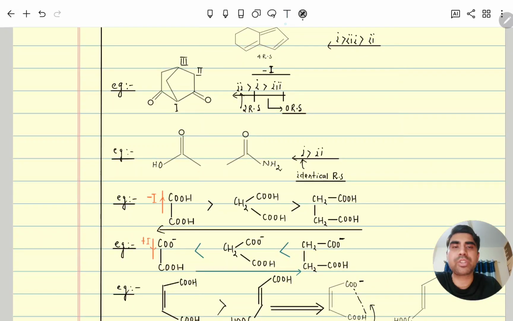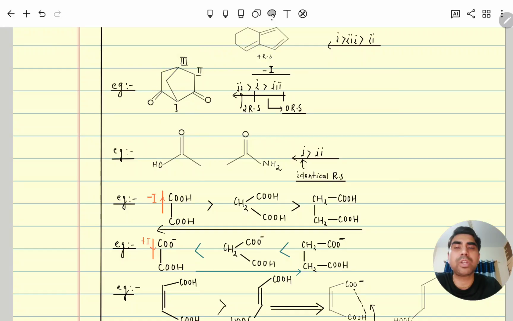Again here you can see positions 1, 2, 3. For the conjugate base, negative, you know that this is the bridgehead. The bridgehead is non-planar, so resonance will not happen. Negative, single, double: here 0 resonating structures, and here also 0 resonating structures. Here, because of negative, single, double, it can do conjugation, so the second position is stable, so it is more acidic. 1 and 3 cannot do resonance, even though here there is a negative charge, and after that negative, single, single.